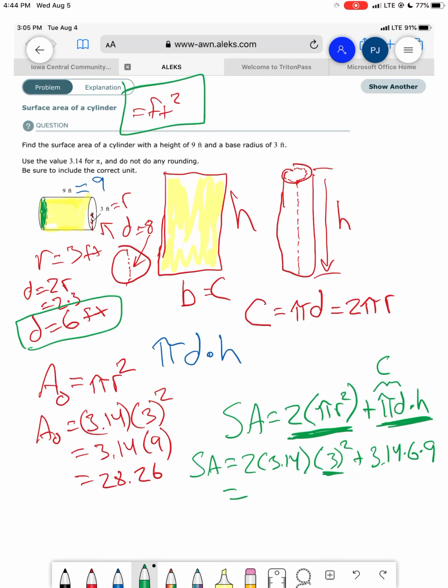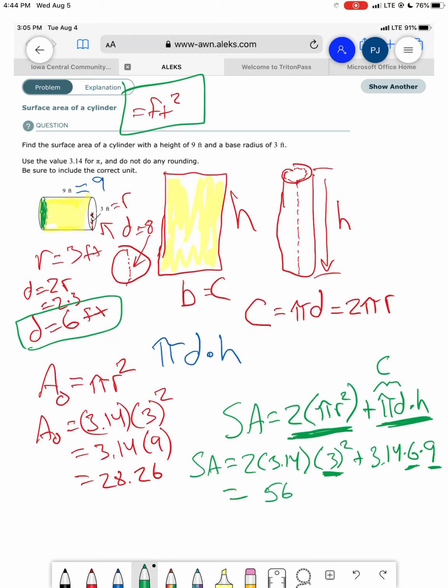I have 3 feet times 3 feet, that's 9 feet squared there. The 2 and the 3.14 do not have units. The 9 is feet and the 6 is feet, and feet times feet is again feet squared. So we're going to go 2 times 3.14 times 9, which gives me 56.52.